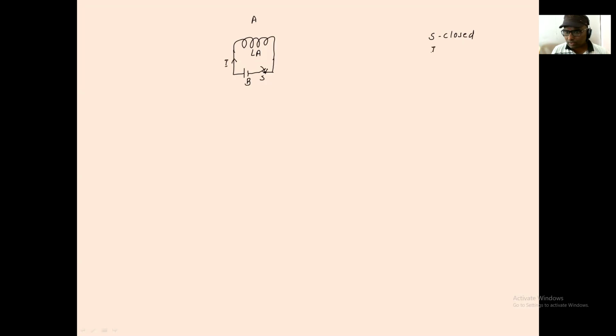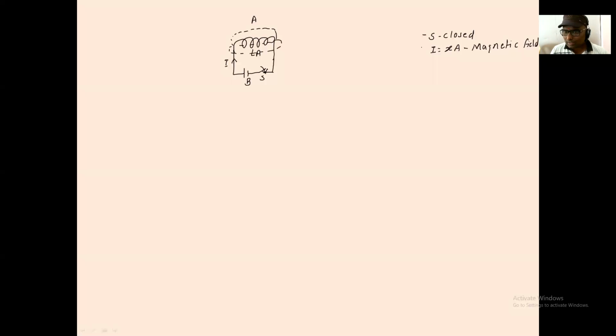So if I consider a certain value of current flows, now, due to this current, can I say that magnetic field is produced? Yes or no? Yes, sir. Okay, magnetic field is produced, and this is the shape of that magnetic field.